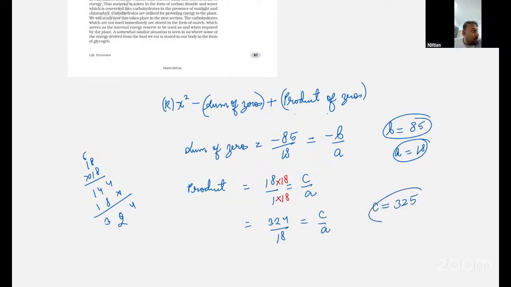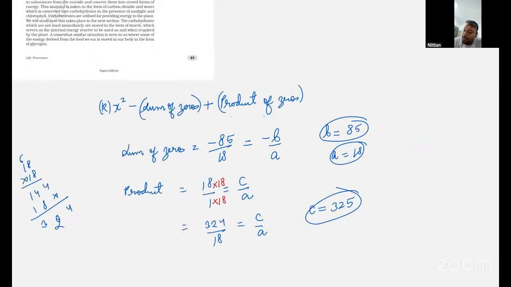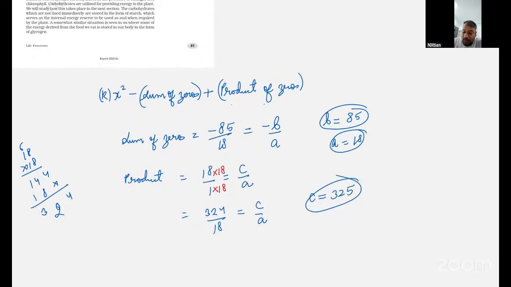Now what is the quadratic form of the equation? Sir, you have to put it in this form: x square minus sum of zeros, minus 85/18, plus 324/18. Okay, I have to put it inside this? Yes.